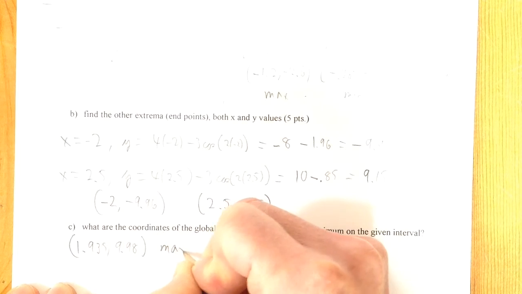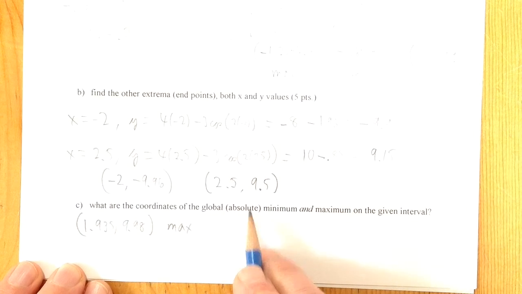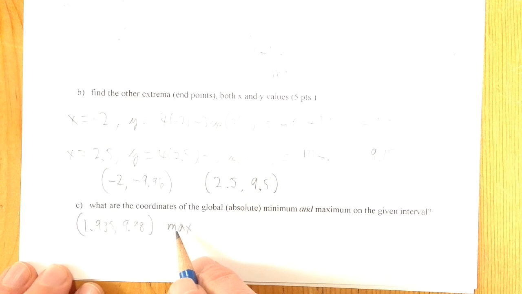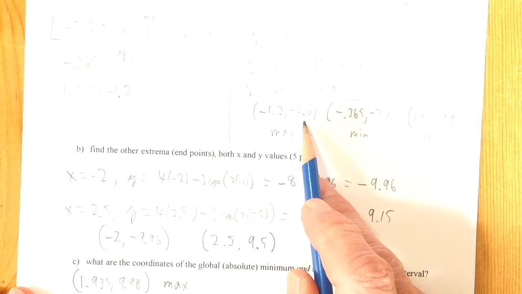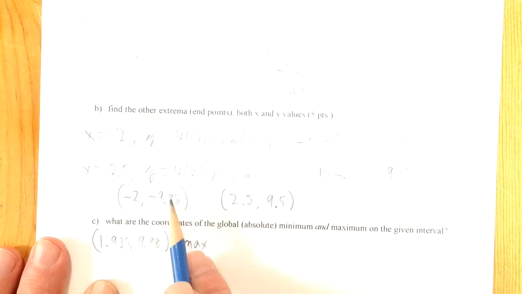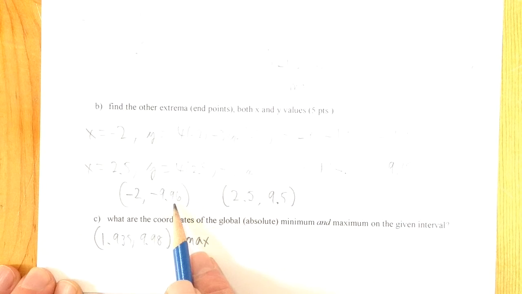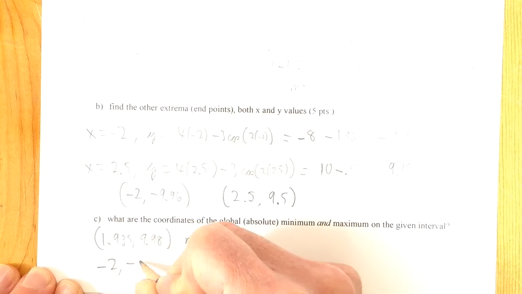That's the max. Global maximum means the absolute, the overall biggest. There's other maximums. This is the overall biggest. And then the overall smallest, the most negative one. See, -2.6, -7. This endpoint, right? This endpoint's -9.96. So at one of the endpoints at -2, it gets the smallest, -9.96.